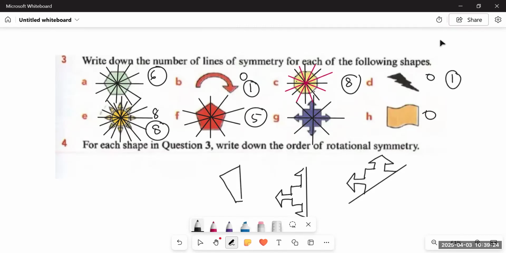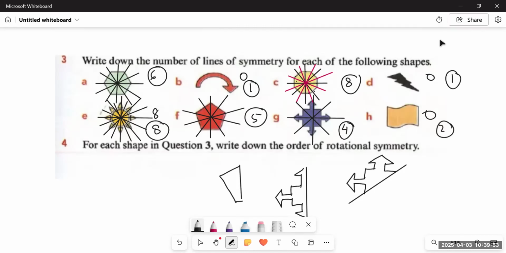And then in part G, we will have order rotational symmetry according to the number of lines of symmetry, that is 4, because upon rotating it every time by 90 degrees, we will get the same shape. And then in part H, we will get this exact shape upon rotating it 180 degrees, and then again upon rotating it a complete turn, that is 360 degrees. So it will have order 2 rotational symmetry.